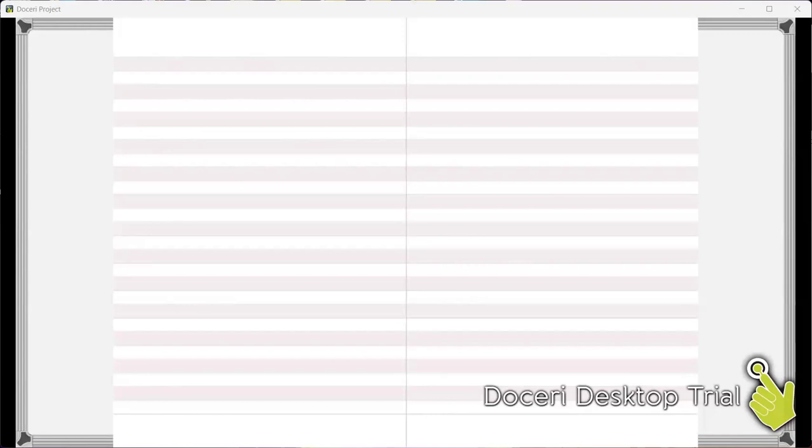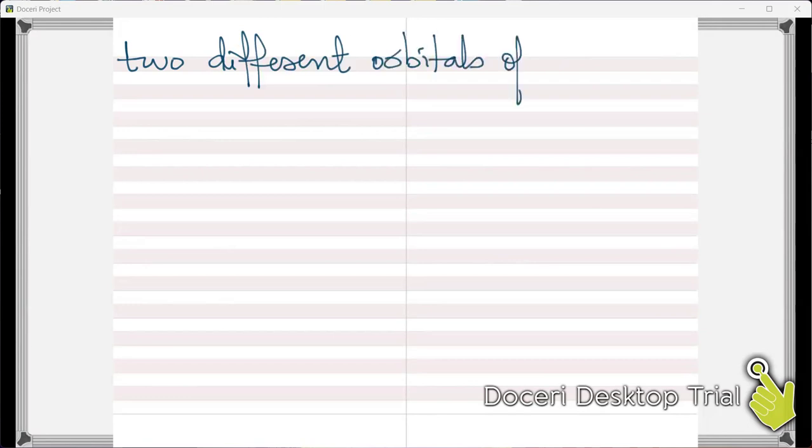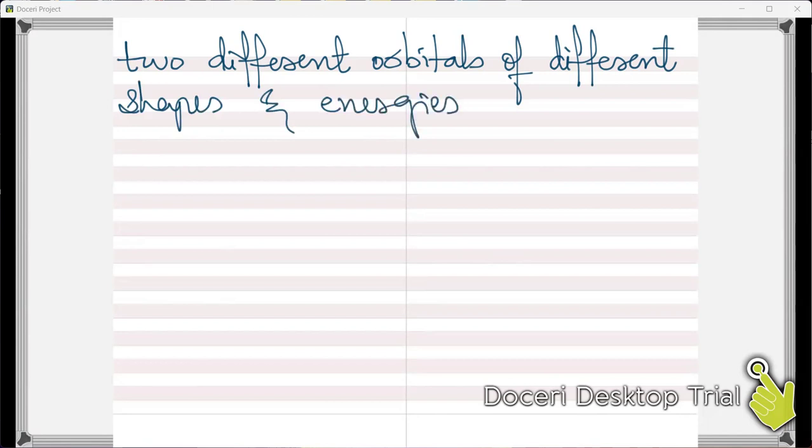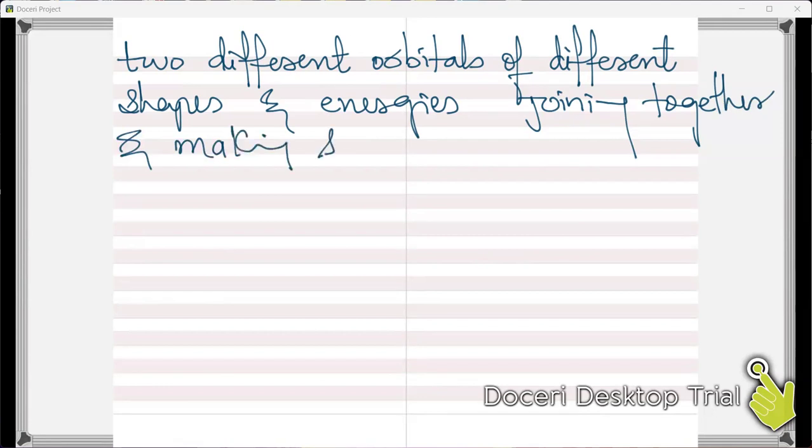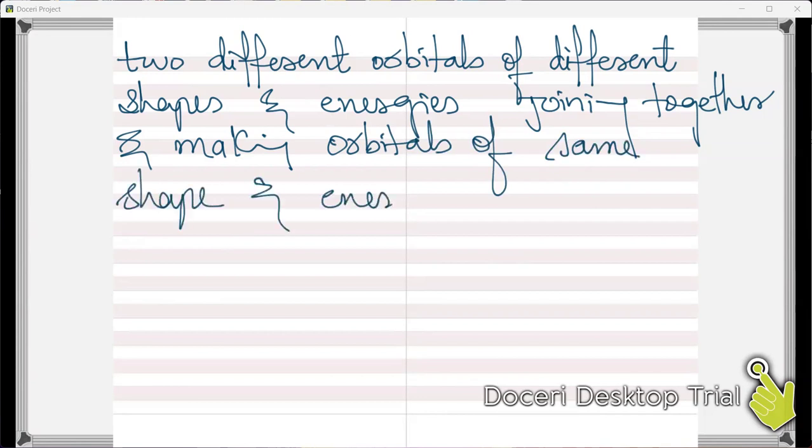We say that hybridization is that phenomenon in which two different orbitals of different shape and energies join together and make orbitals of same shape and energy.